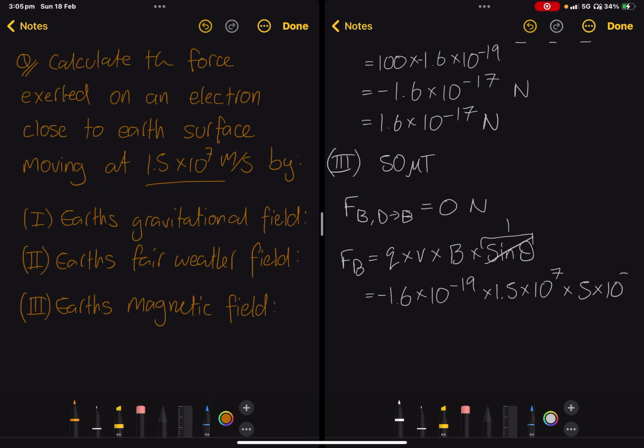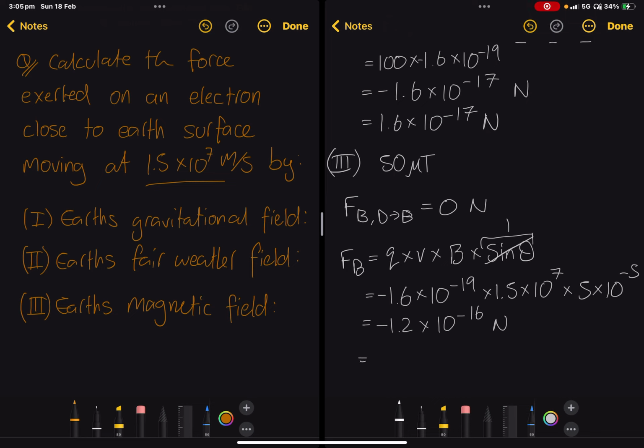I always like to confirm these rather than assume that I am correct. So we have minus 1.6 times 10 to the minus 19 times 1.5 times 10 to the 7 times 5 times 10 to the minus 5. This gives me minus 1.2 times 10 to the minus 16 newtons.